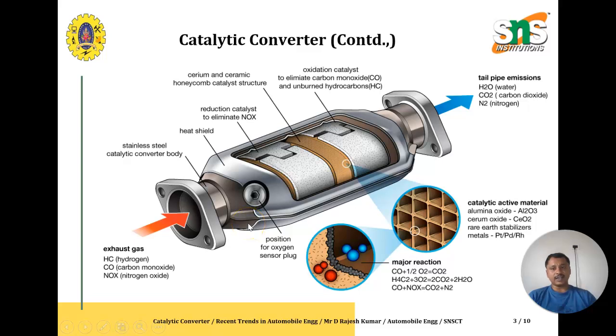Generally, the catalytic converter has a stainless steel body. Inside the catalytic converter, you can see here the ceramic material used in the honeycomb structure, which is zoomed and shown in the exploded view.